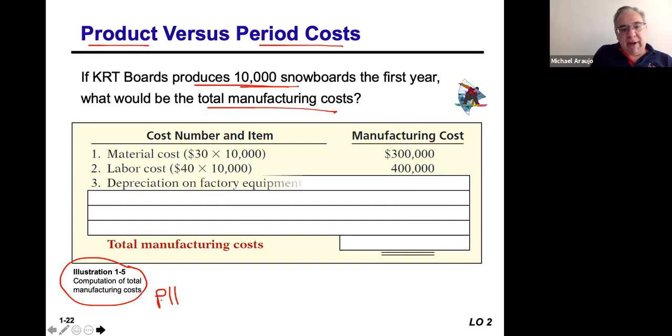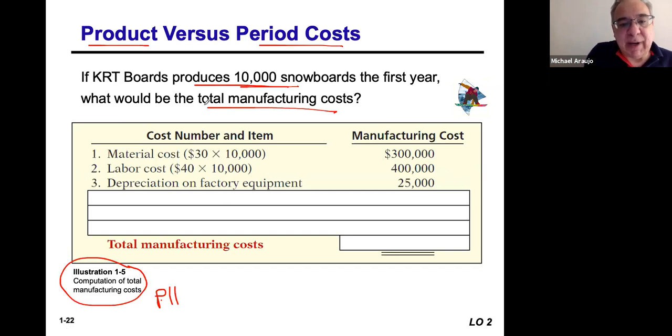The third thing we know is we are going to have depreciation on the factory equipment. Now, this was number 3, and this is given to us per year. And so we can actually just calculate that out. Depreciation on the factory equipment is $25,000 for the entire year.